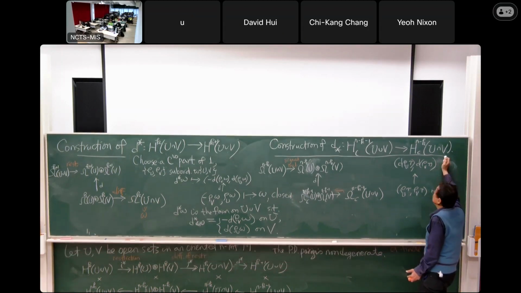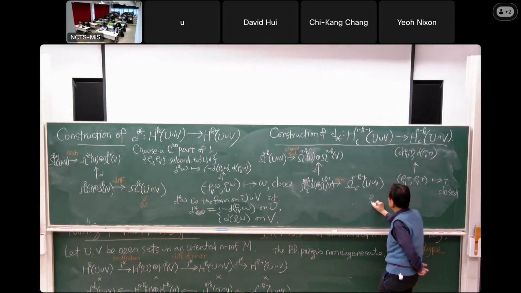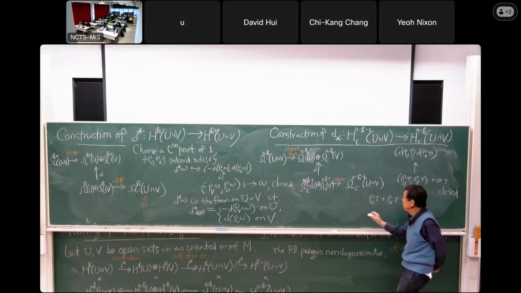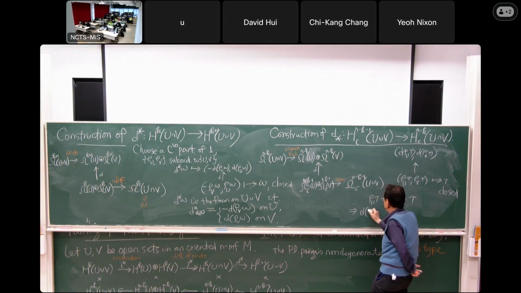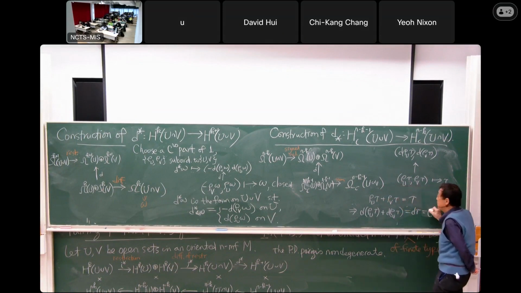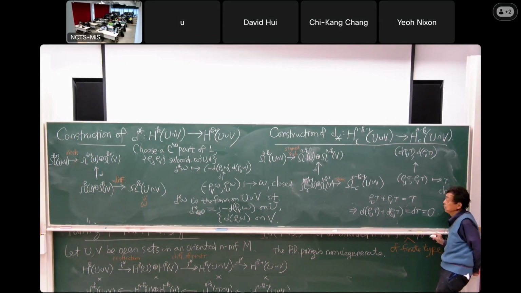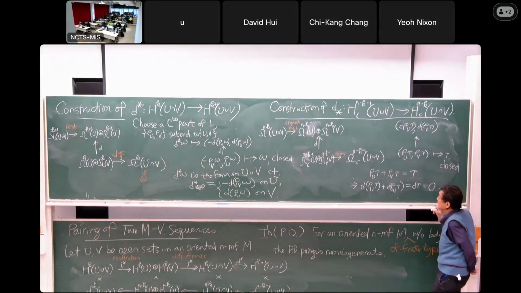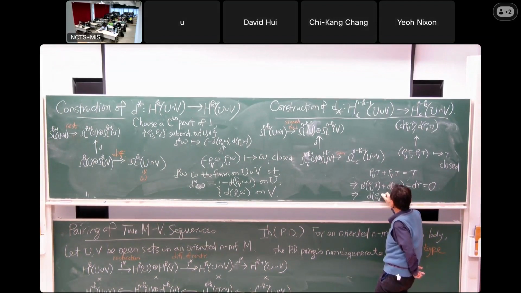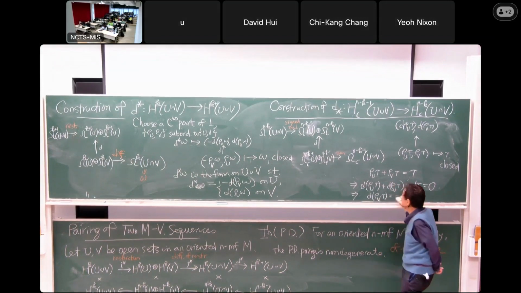Now you know that rho U tau plus rho V tau is tau because you have a partition of unity. And so if you take d of both sides, you'll get d tau, which is 0, since tau is closed. And this implies that d rho V tau is minus d rho U tau. Okay.